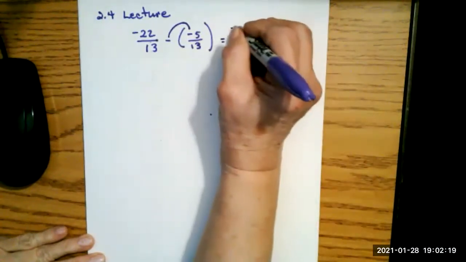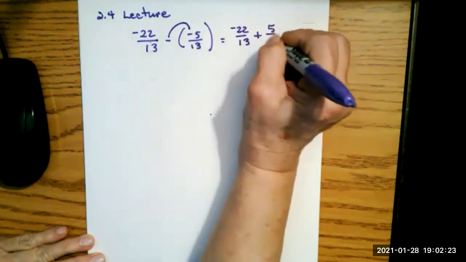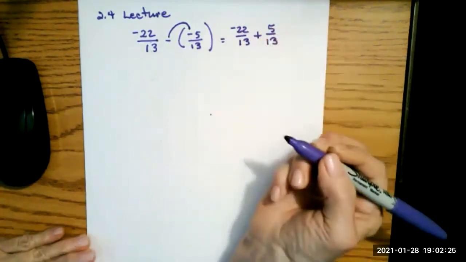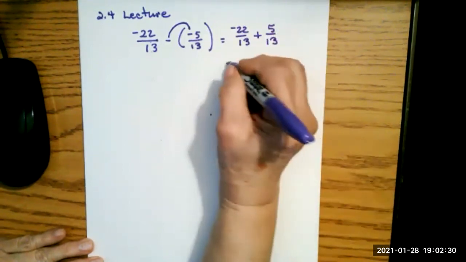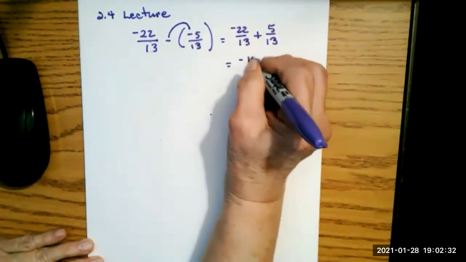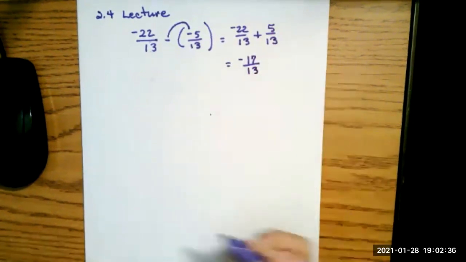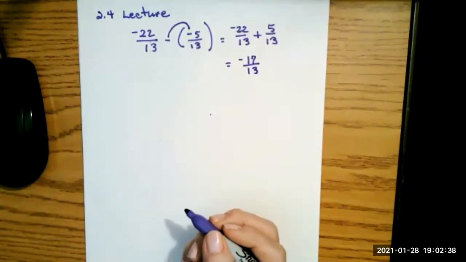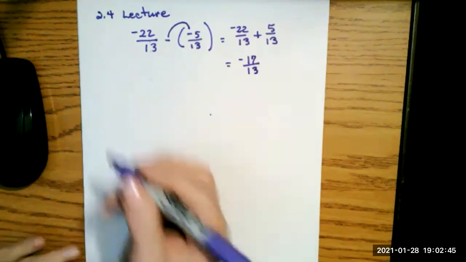So now what I have is negative 22/13 plus 5/13. Now then, because the signs are different, I would subtract the numerators and I would get a negative because 22 is larger, negative 17/13. And again, I do not change to a mixed number because in this course we don't do that. We leave them as improper fractions.